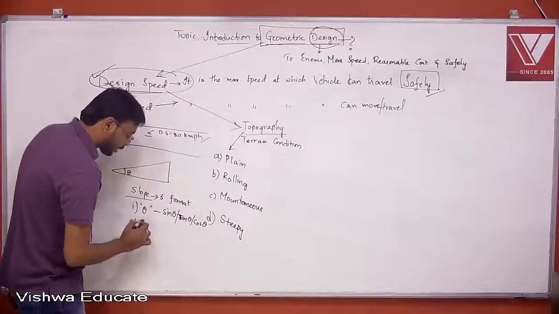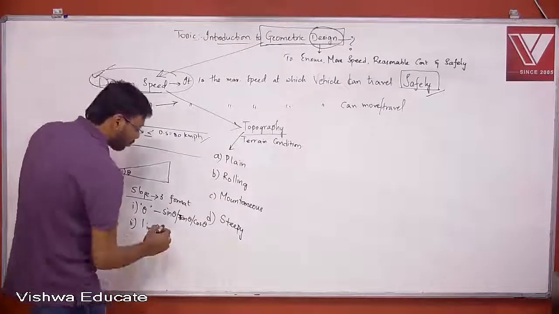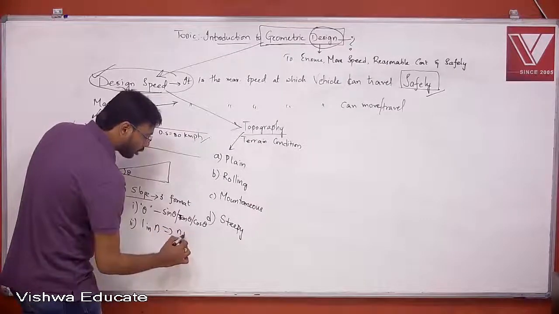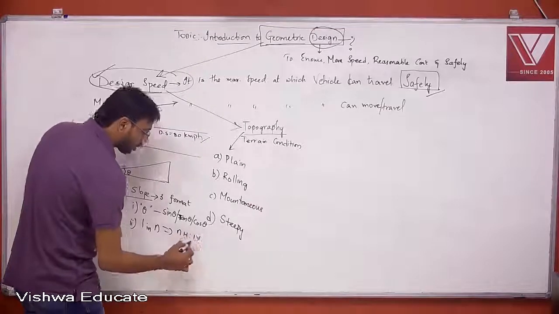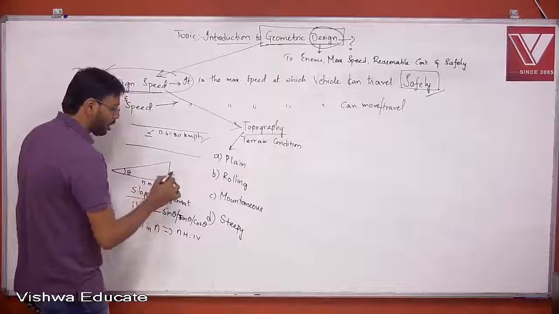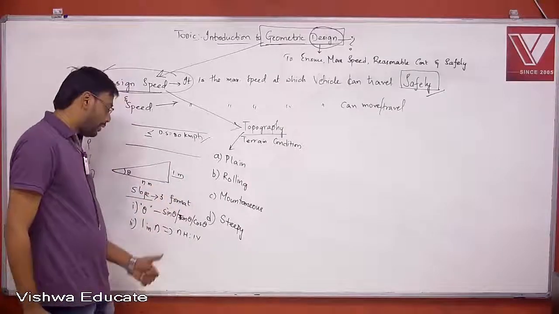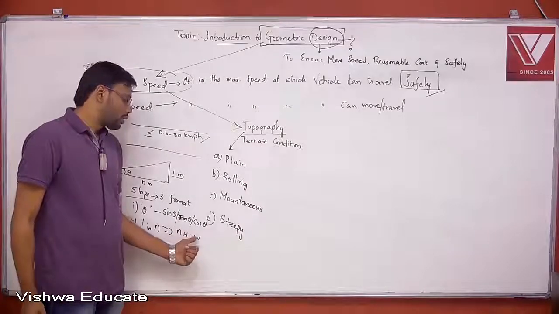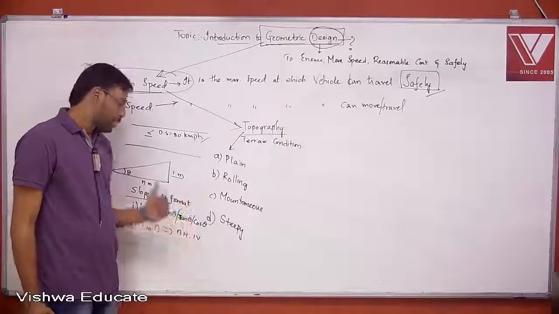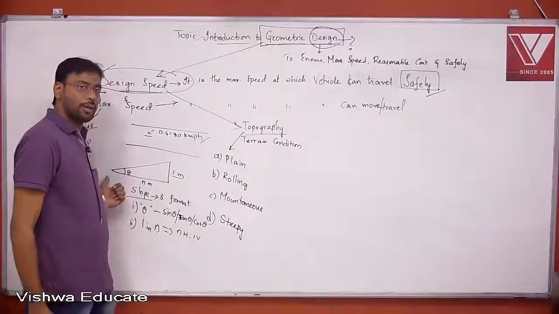Second way of representing it is 1 in n. 1 in n means n horizontal is to 1 vertical. It means if you move n meters horizontally, the vertical rise is 1 meter. So there is a slope here.